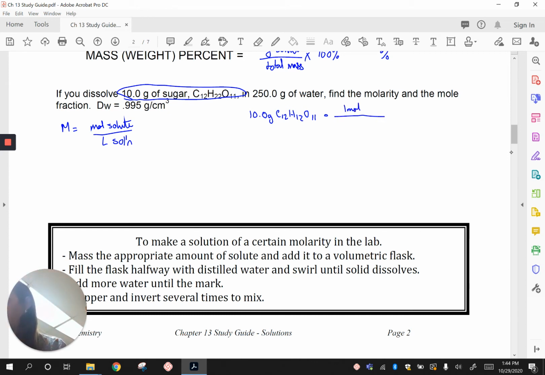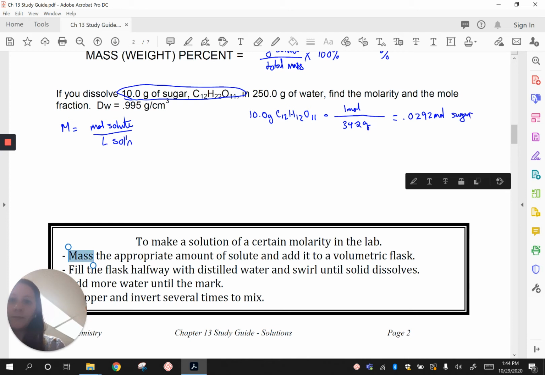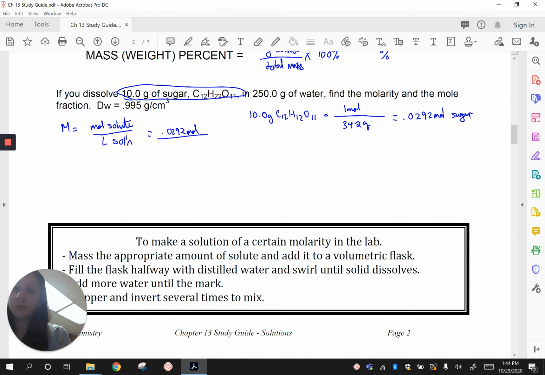I believe the molar mass is 342. Yeah. And that gives you 0.0292 moles of sugar. So we're going to plug that in here, 0.0292 moles, divided by the liters of solution.